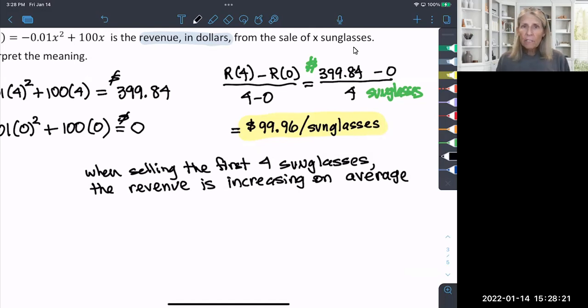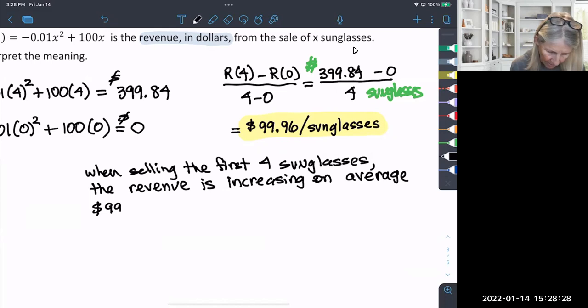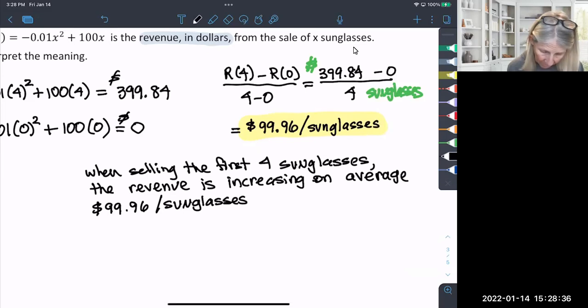So the revenue is increasing because it's positive. An average of this number here, $99.96 per sunglasses sold, right? I'll say sold. We have to assume you have to sell them to make the revenue. Okay, so this would be my interpretation.